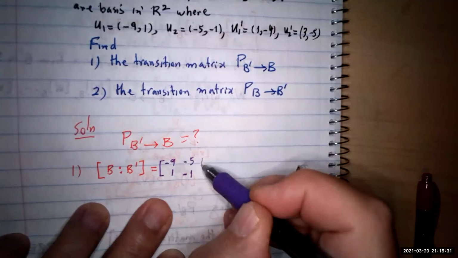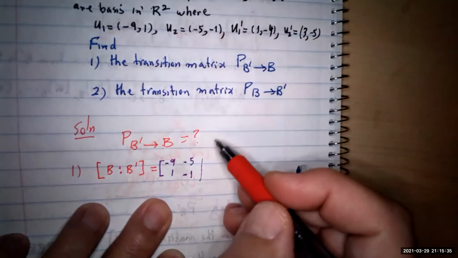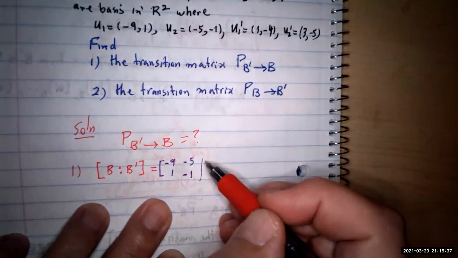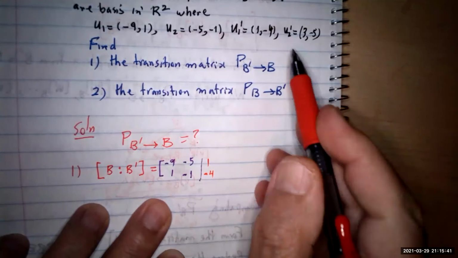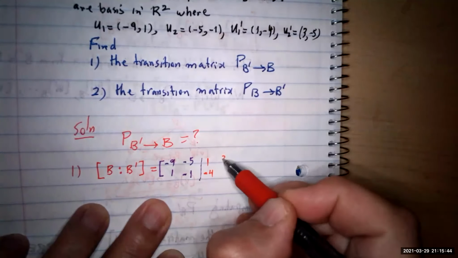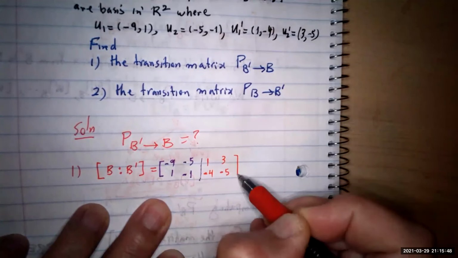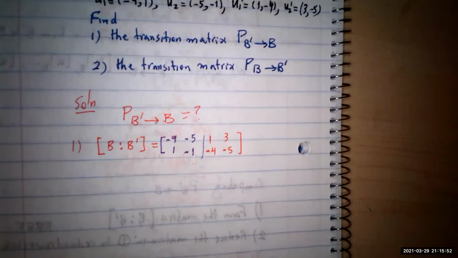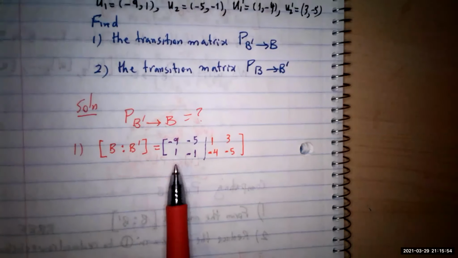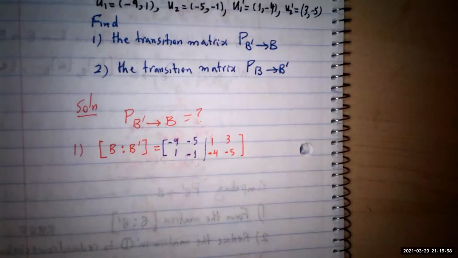And the second part, for the B prime, column vectors again. The first column gives you 1, -4, and the second column gives you 3, -5. Make sure you put them in the column format. So it's going to be B, U1, U2, as column vectors.